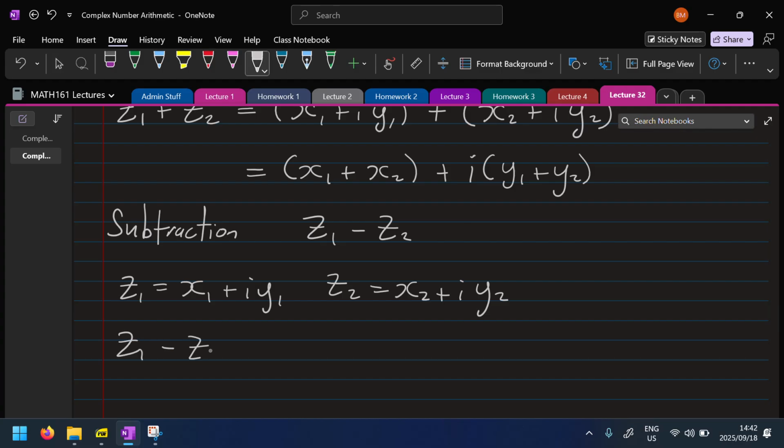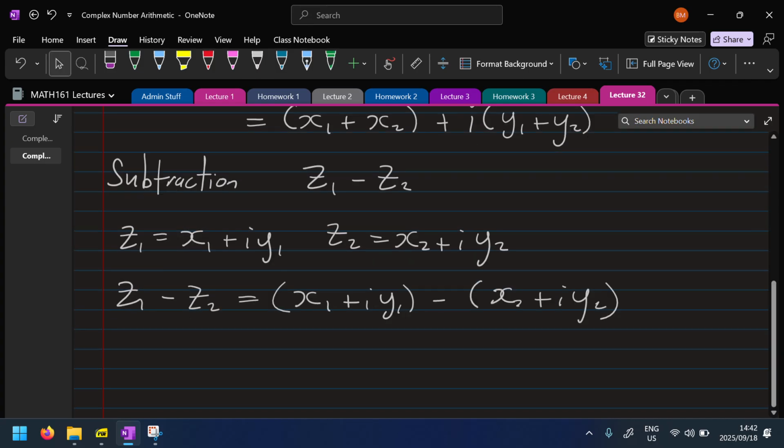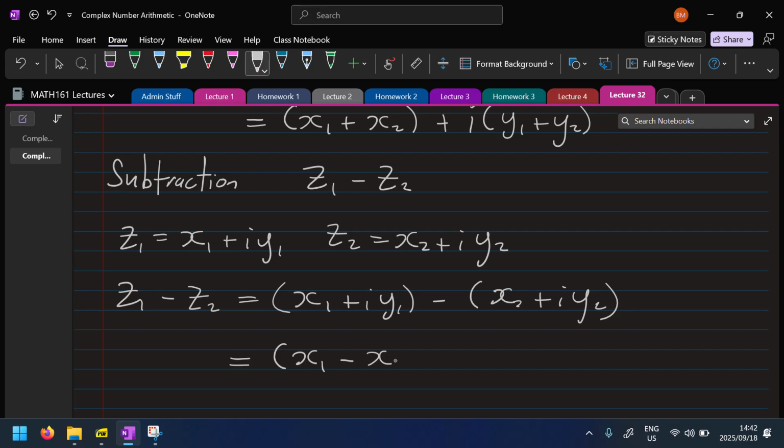Z1 minus Z2 is X1 plus iY1 minus X2 plus iY2. X1 and X2 are real numbers, we can put those together, so it will be X1 minus X2. We're left with Y1 and Y2, we can factor out the i, and we're left with Y1 minus Y2. Very, very simple.